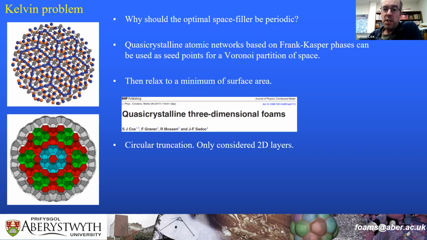The problem, of course, is that you can't use periodic boundary conditions because these structures, by definition, don't repeat. And so we made clusters of quasi-crystals, made them slowly larger and larger, and looked at what happened to the surface area. So we truncated them to be circular clusters and put layers of quasi-crystals in.